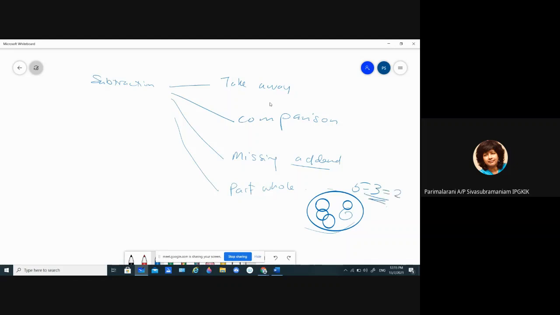Missing add-on model. I give you one example. Say a garage can hold 5 cars. There are 3 cars in the garage.